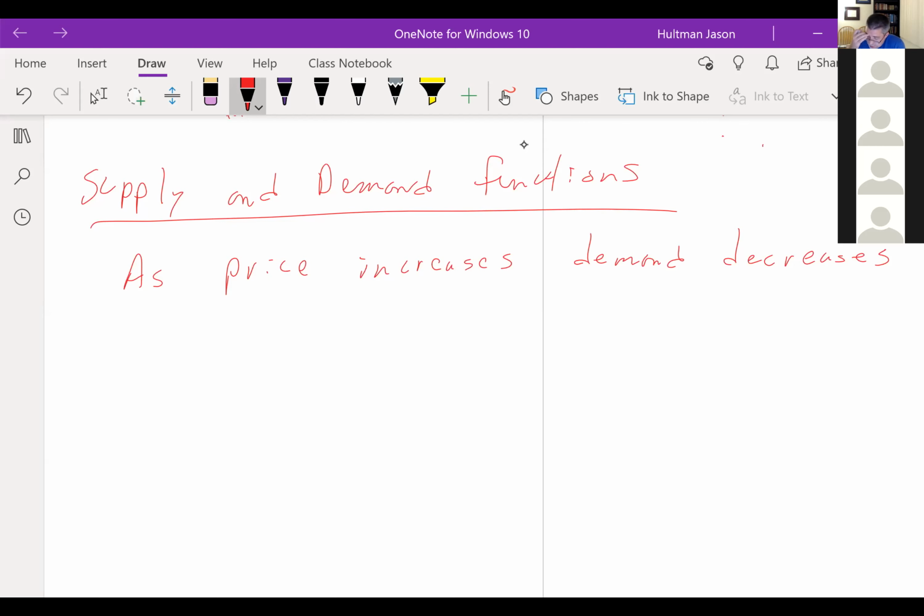So as price increases, demand decreases. Okay, so again, going back to the Starbucks coffee, if I had to pay $10 for a cup of coffee, that would suck. First of all, I wouldn't pay it because I don't drink coffee.